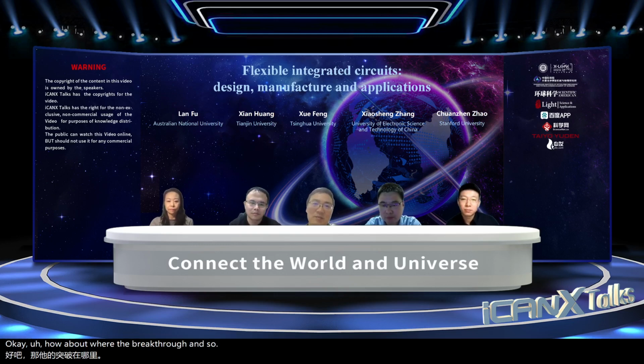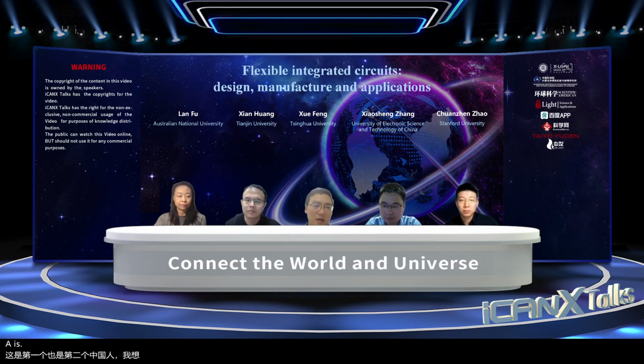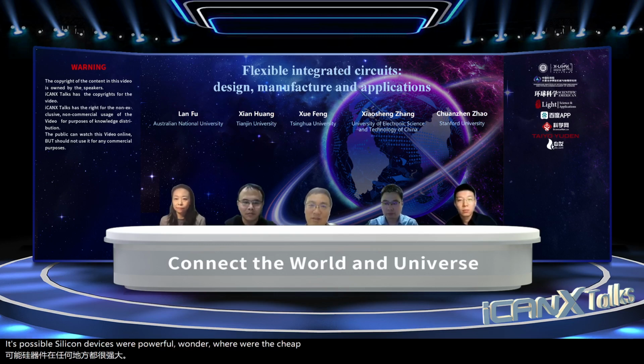So this is the first. The second challenge, I think, is how to make the flexible electronic device powerful compared to silicon device. Silicon device is very powerful and very cheap. So I think these are two challenges for flexible electronics.